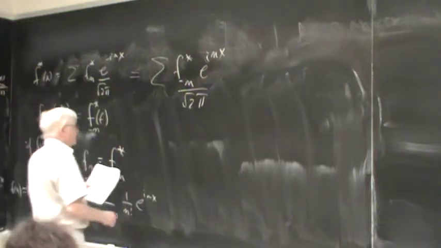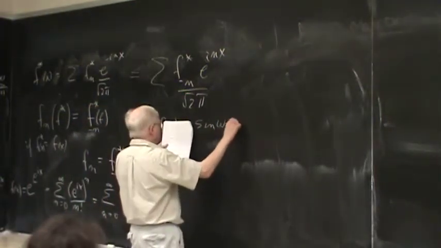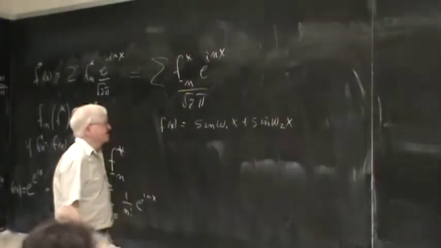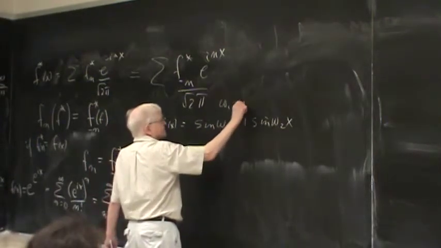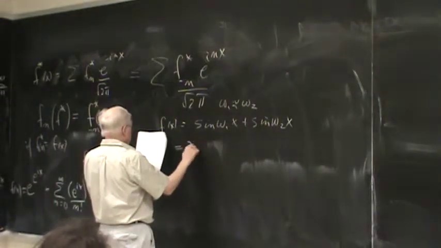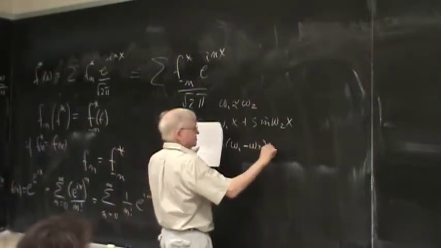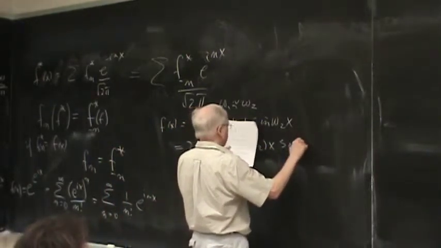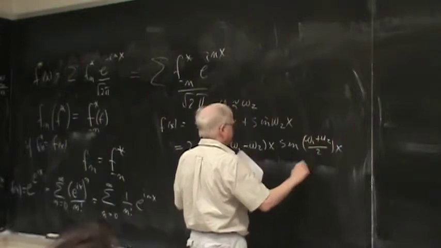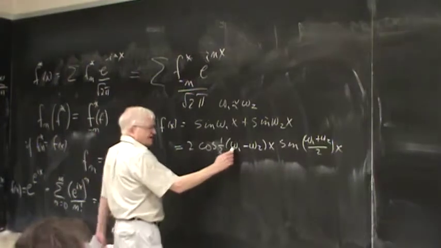beats. If we write f of x as the sum of two sines, sine omega 1 x plus sine omega 2 x, with similar frequencies, omega 1 approximately equal to omega 2, then you can rewrite this as 2 cosine of a half omega 1 minus omega 2 times x, times the sine of omega 1 plus omega 2 over 2 times x.